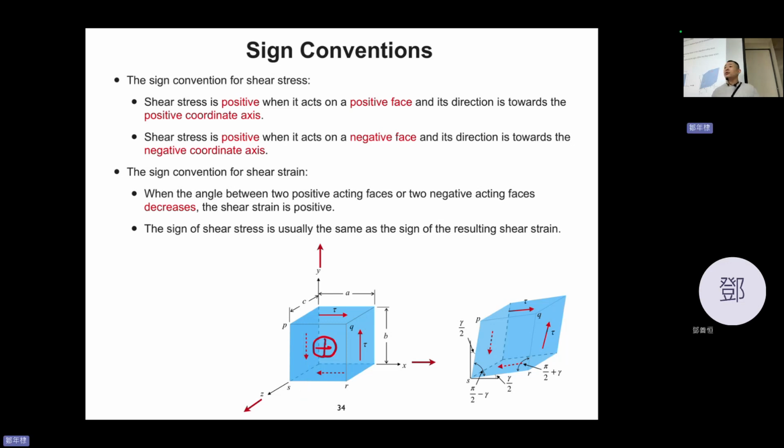Negative times negative is positive. So this also belongs to positive shear stress. Okay, and you can examine another one. This one, positive y direction surface and positive x shear direction. Positive times positive is positive. Okay, so you examine all these four. You can always get the positive convention.